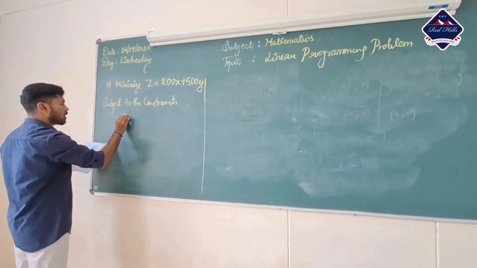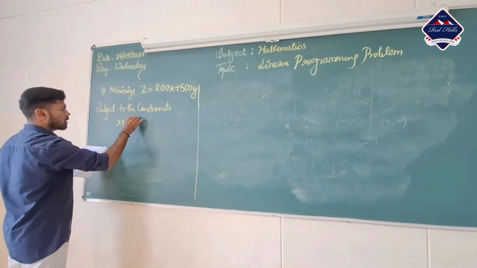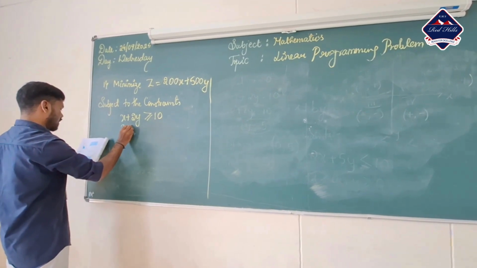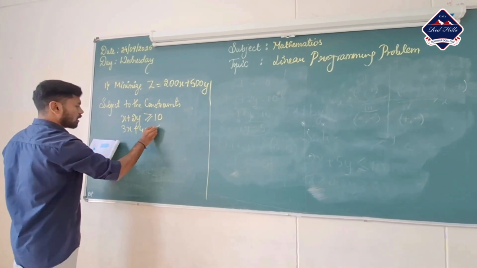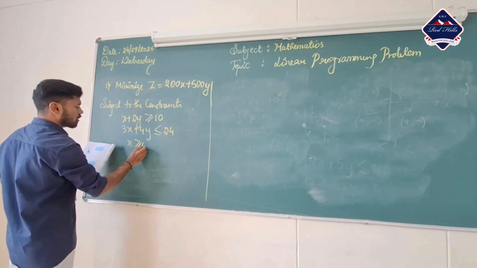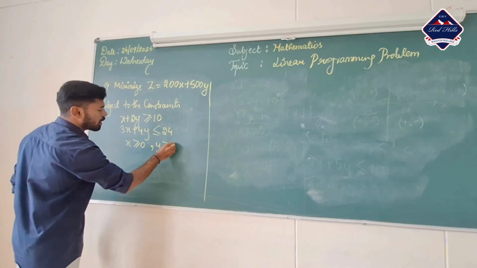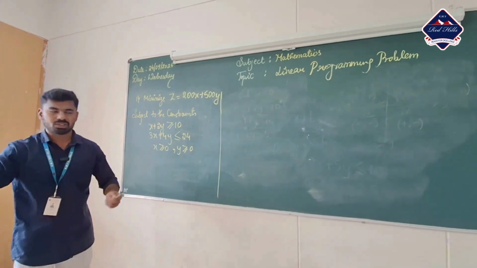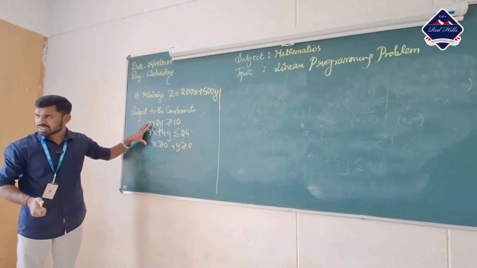Subject to the constraints, x plus 2y greater than or equal to 10, 3x plus 4y less than or equal to 24, x greater than or equal to 0, comma, y greater than or equal to 0. Now you can easily notice here, children, there are actually three constraints they had given.